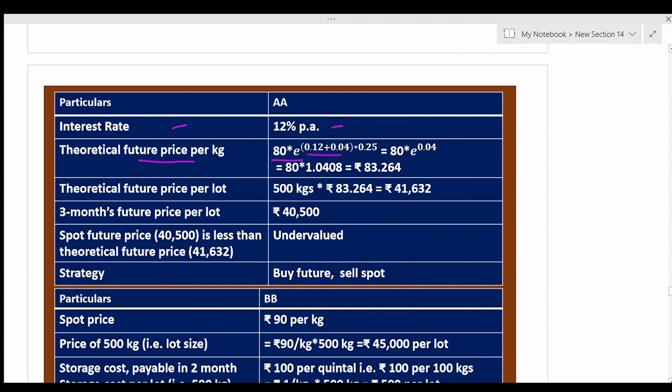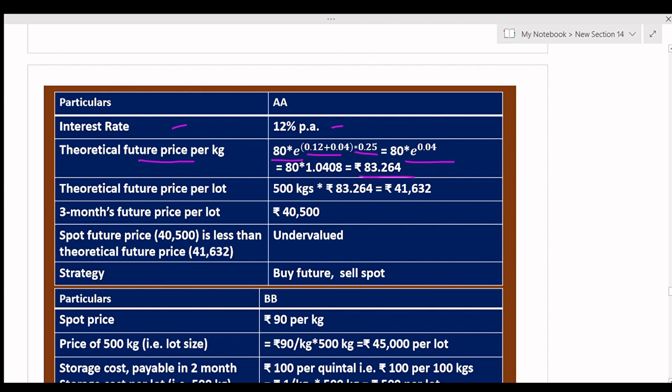Here r is the rate of interest plus carrying cost. That is 0.12 is the rate of interest, 4% is carrying cost, into t 0.25, that comes to 80 into e to the power 0.04, that comes to rupees 83.264.